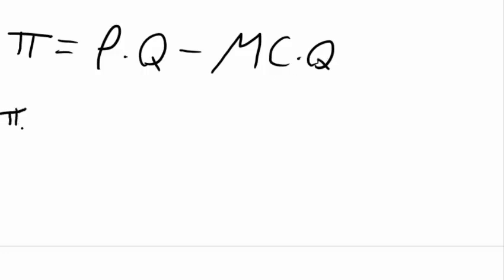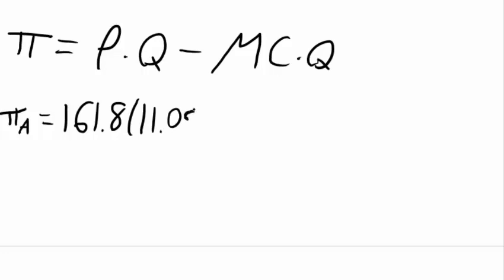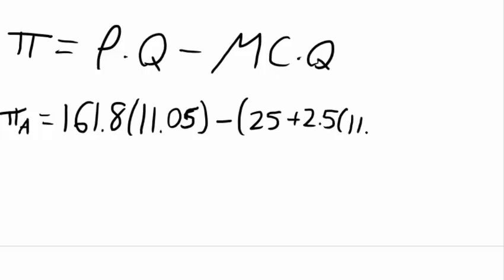And so, if we want to find firm A's profit, we would have our price of 161.8 times our quantity of 11.05 minus our marginal cost function, which was 25 plus 2.5 times our quantity, which is 11.05.